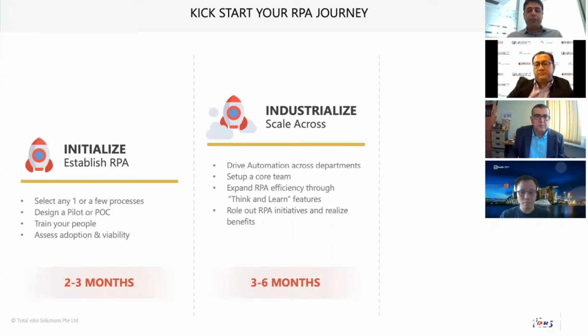We have different types of people inside the organization. Some would love RPA, some would hate RPA. It's really up to this core team to make sure that they're the right advocates and proponents of RPA. We can also run a lot of think and learn initiatives, open lunches and forums where people could be invited to a workshop, and they can see and feel what this digital assistant RPA could do for them.